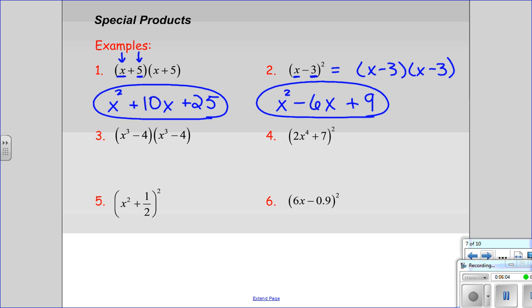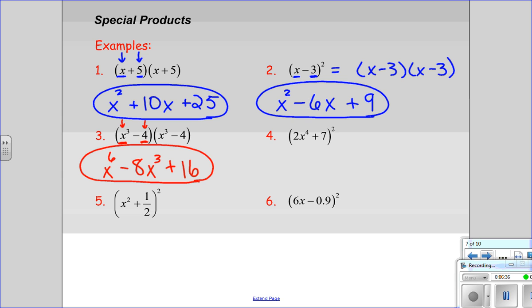Let's do this a few more times and increase the pace a bit. X cubed minus 4 squared, we use our product rule. We square our first term, so x to the 6th, and then we multiply our first and our second term, so we get negative 4x to the third. When we double that, we get negative 8x to the third. And then our last term is always our second term squared, so we get plus 16.